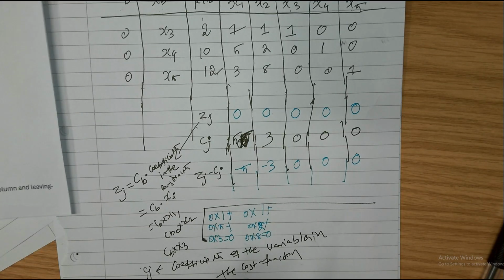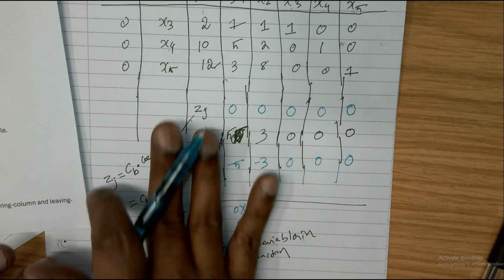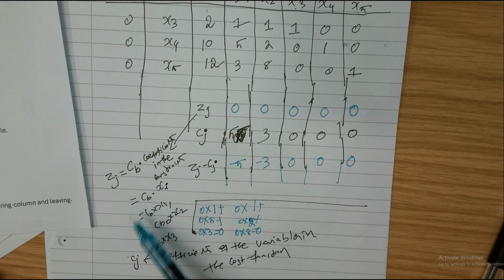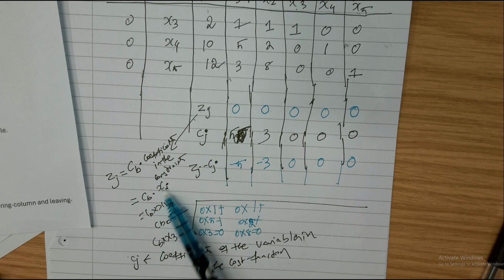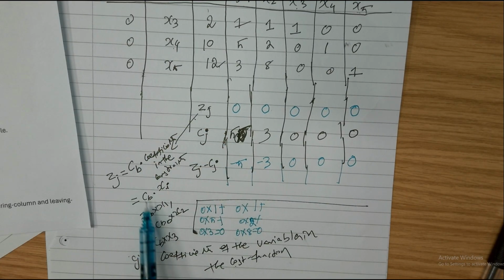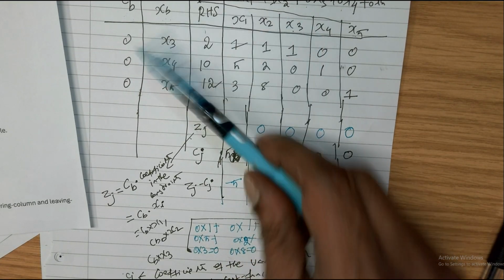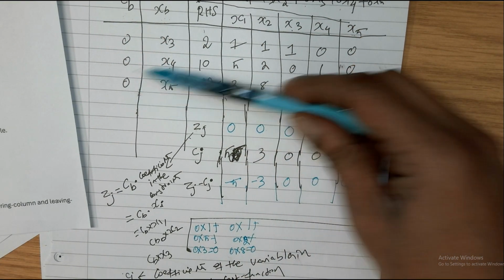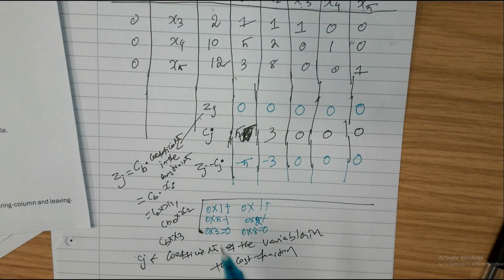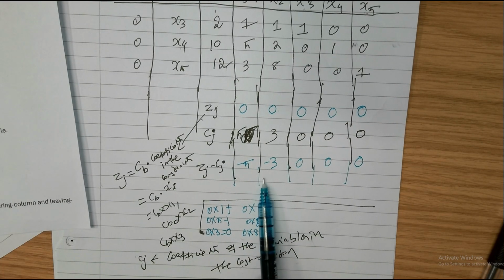Until now everything looks easy. All we did is arrange the table, put everything in the right order, and do some basic multiplication of two vectors. So Zj is the dot product of Cb and the coefficients in all the variables. Okay, and we know what Cj is and we know how to subtract them, and we got some values.